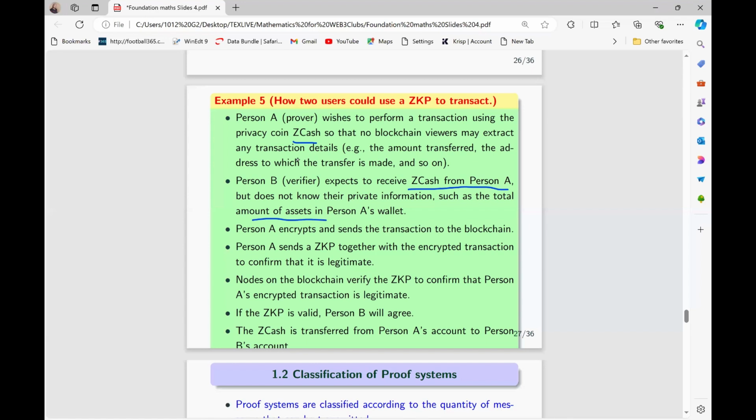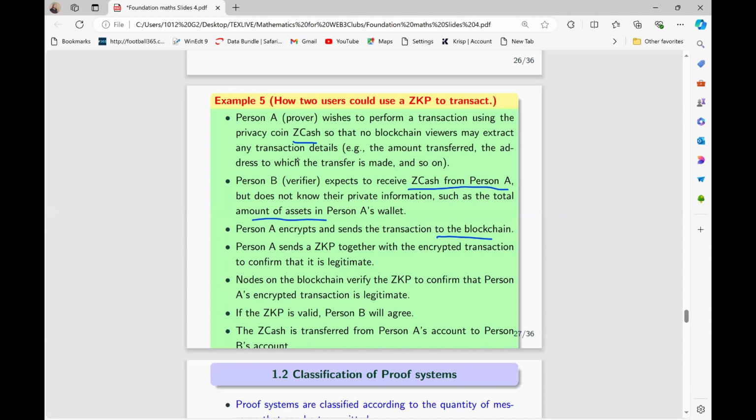So now person A proceeds and encrypts the transaction. Encrypting it, he wants to ensure that people on the blockchain, if they were to see the message, will not know what it means. So he encrypts this message, the transaction that he wants to make, and then puts it on the blockchain.